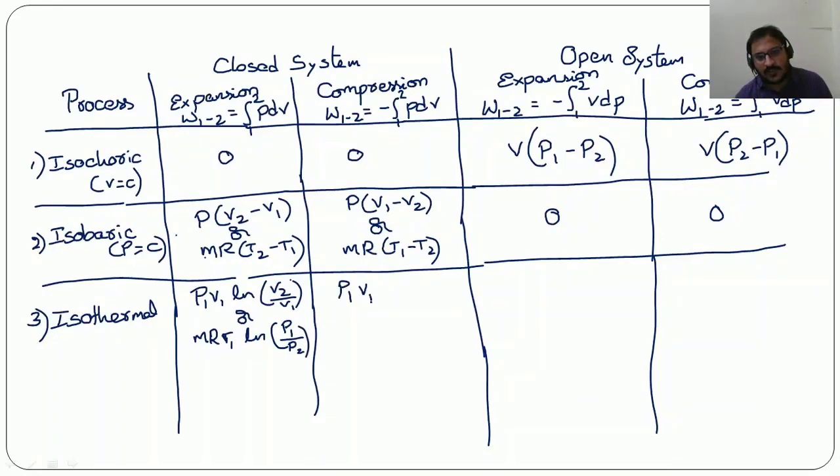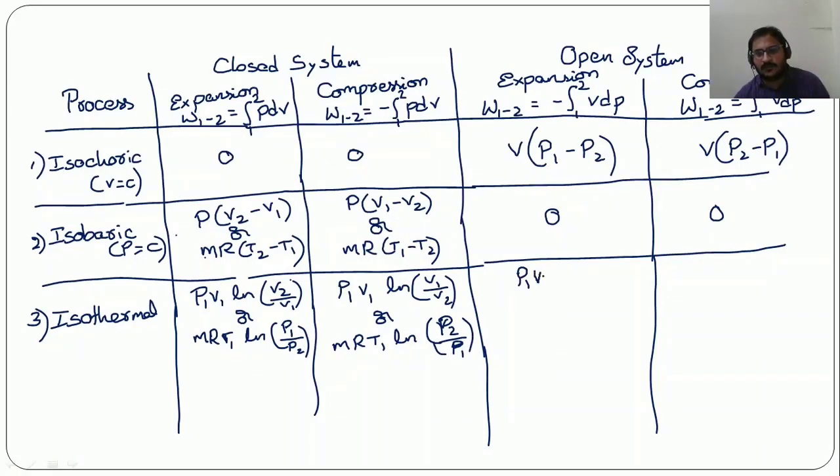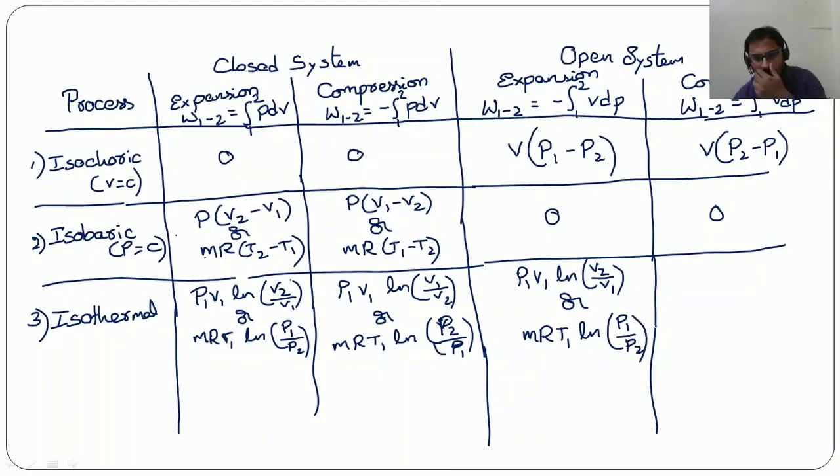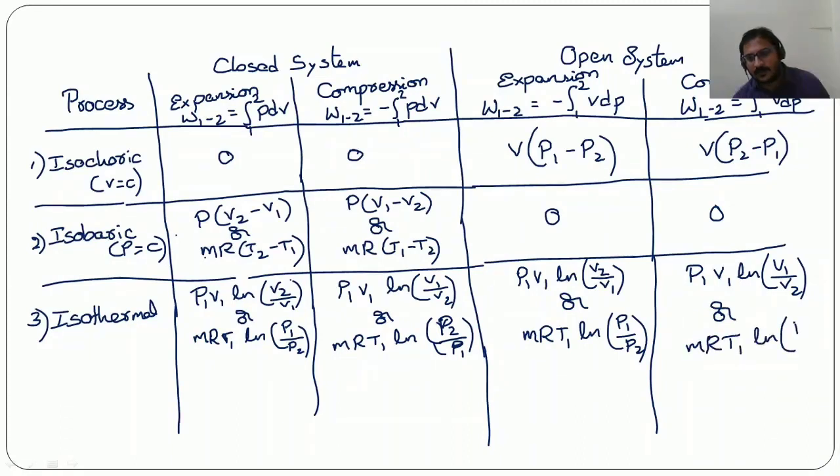So this is P1 V1 ln(V1 by V2) or mR T1 ln(P2 by P1).